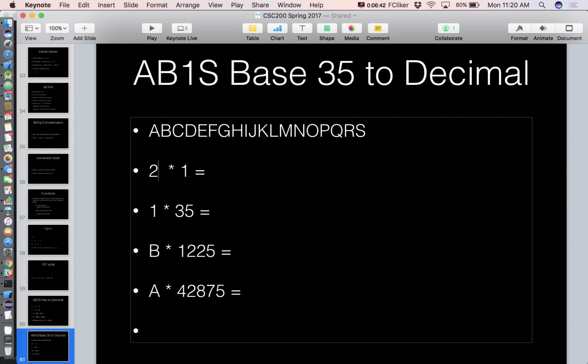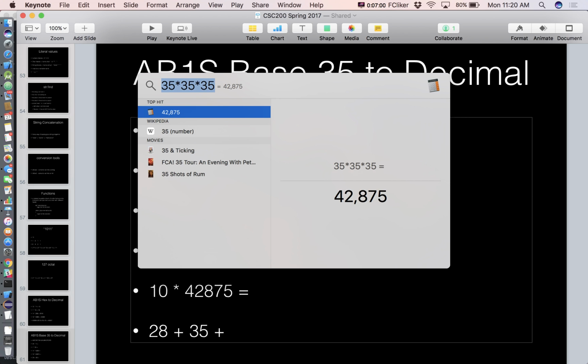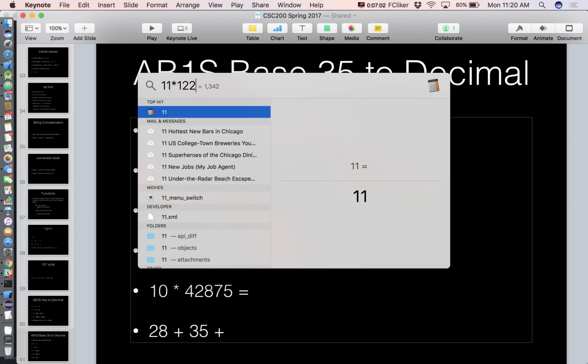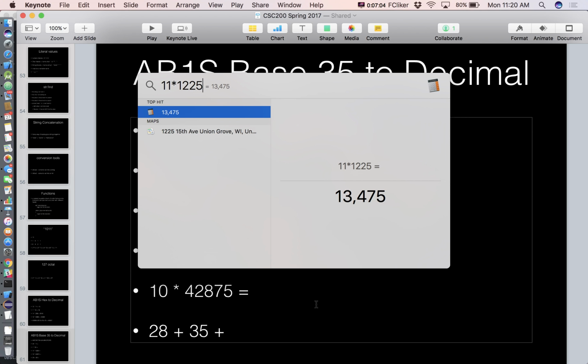So this is a 28 times 1 plus a 1 times 35 plus an 11 times 1225 plus a 10 times 42,875. So that's going to be a 28 plus a 35 plus 11 times 1225 is 13,475.